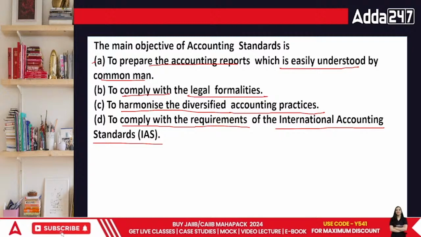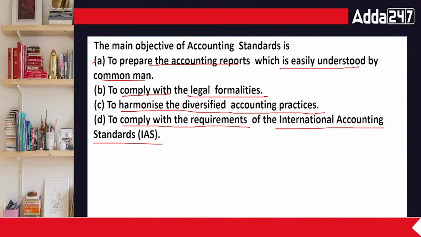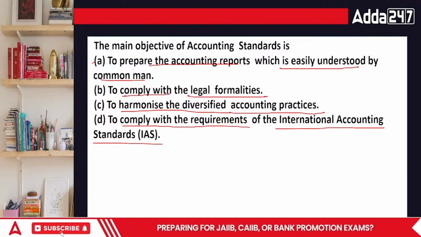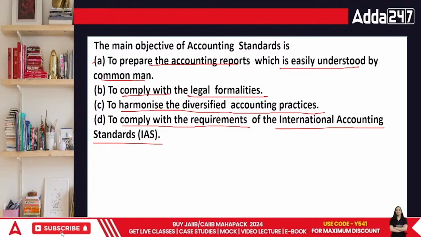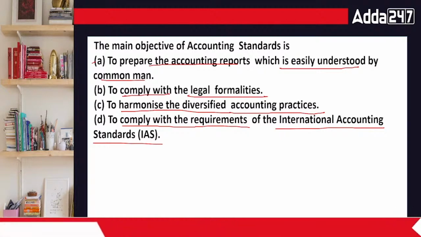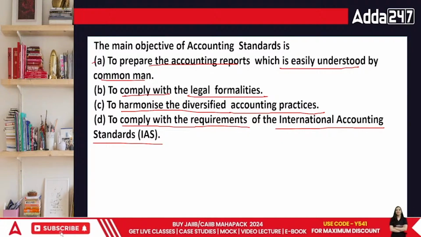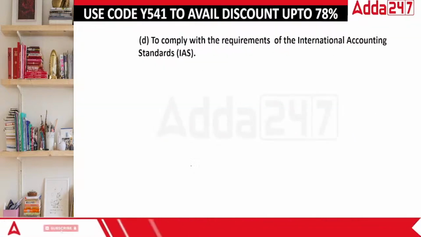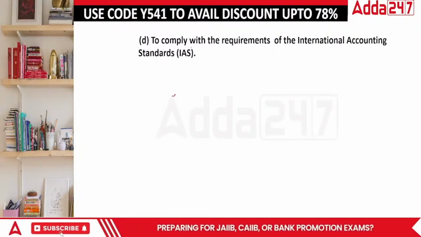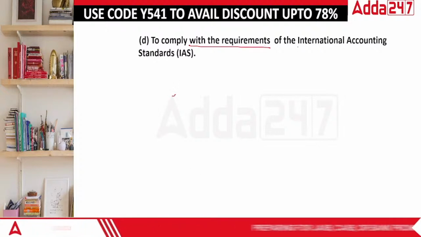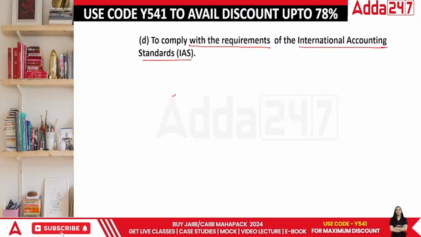But the point is, India was actually forced to maintain their books of accounts as per international financial reporting standards. There were financial reporting standards which were made, and they had to follow the accounting standards as well. If they would have faced any specific problem there, they would have faced a lot of issues further, right? So technically it is done to comply with the requirements of international accounting standards.